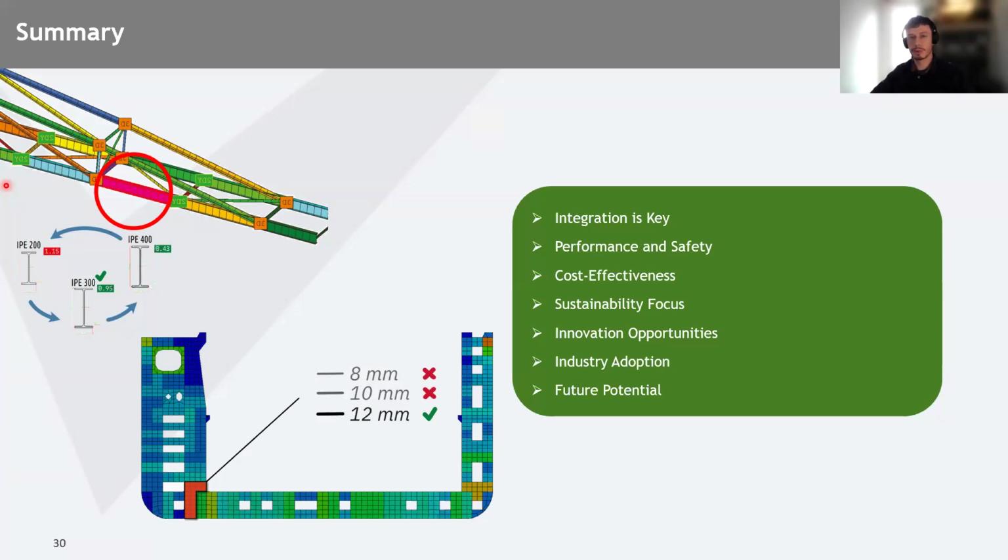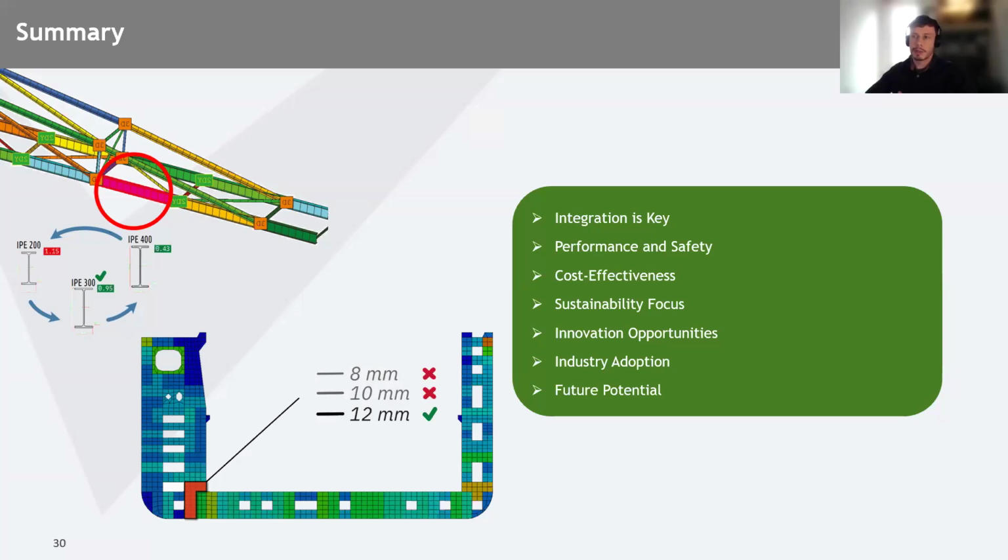In order to properly design your structure, it is important to optimize it, choose the proper sizes, don't over design, save cost. So all of these factors are desired within the analysis.